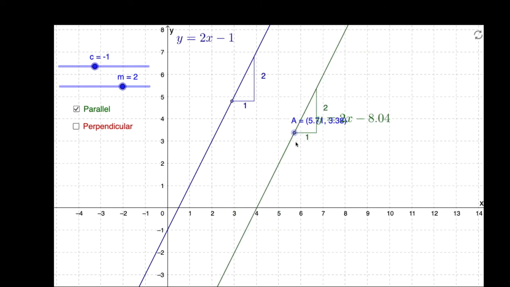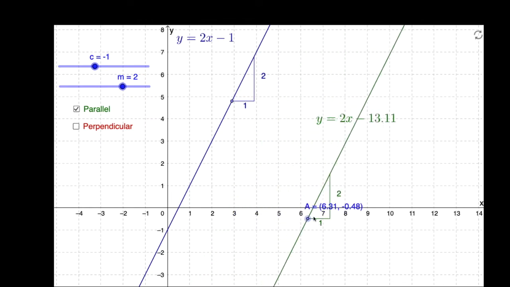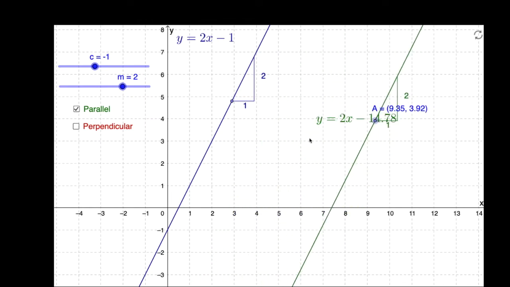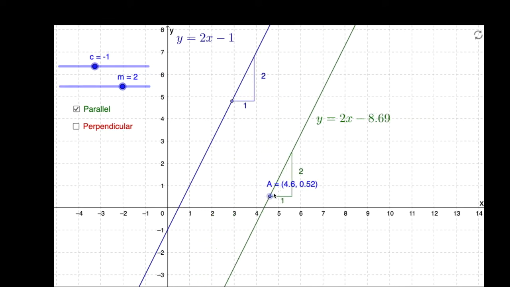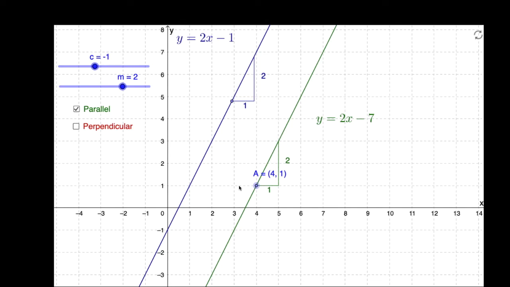There's one thing which is constantly changing, and there's one thing which is staying the same. The thing which is staying the same is the gradient, which makes sense because they're the same steepness. If two lines are parallel, it means that they are the same steepness. So when we've got parallel lines, the gradient is the same.